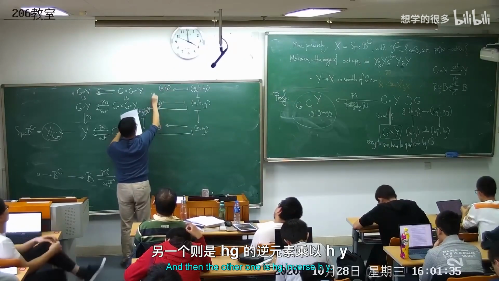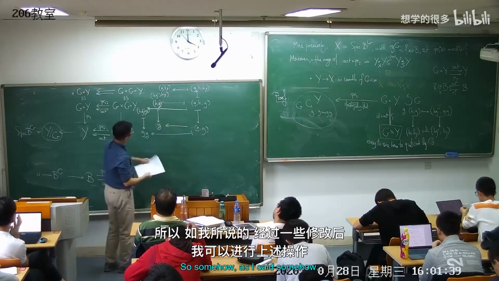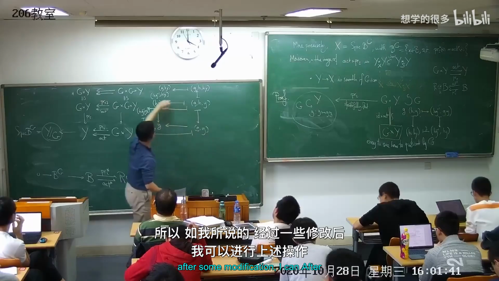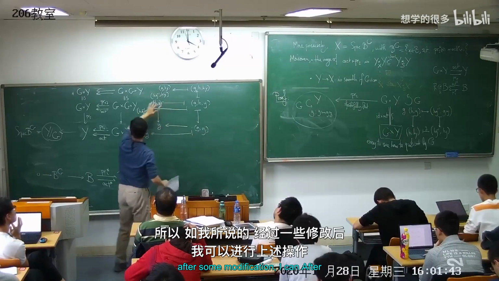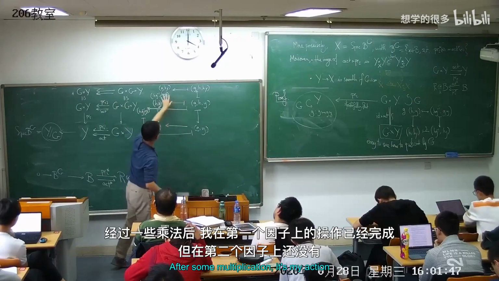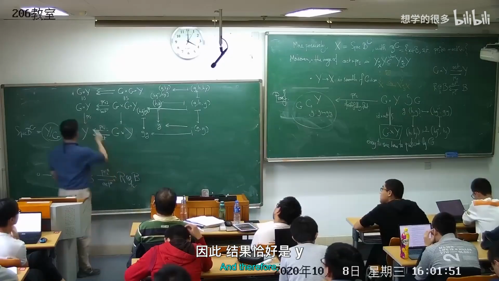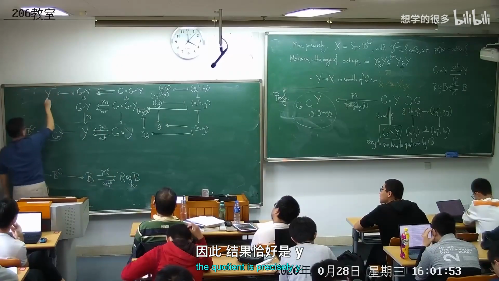And then the other one is HG inverse HY. So somehow, as I said, after some modification, I'm not going to write it here. After some modification, some action is complete on the first factor, but not on the second factor. And therefore, the quotient is precisely Y.